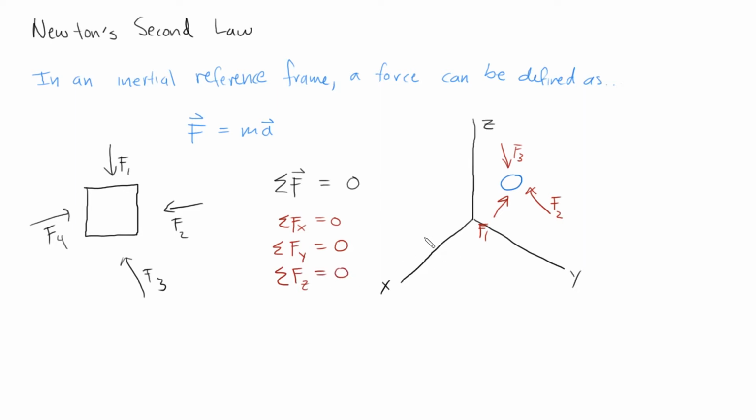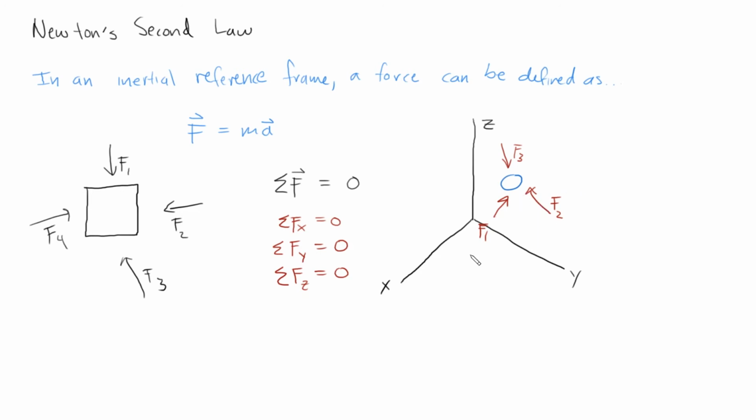Now, one thing to point out, we're looking at a particle. So that means we're looking at basically a point, meaning it has no dimension, and we're just treating it as a point. So the way that these forces interact, they lie in the same point, so there's no idea of torque or moments acting on this object.